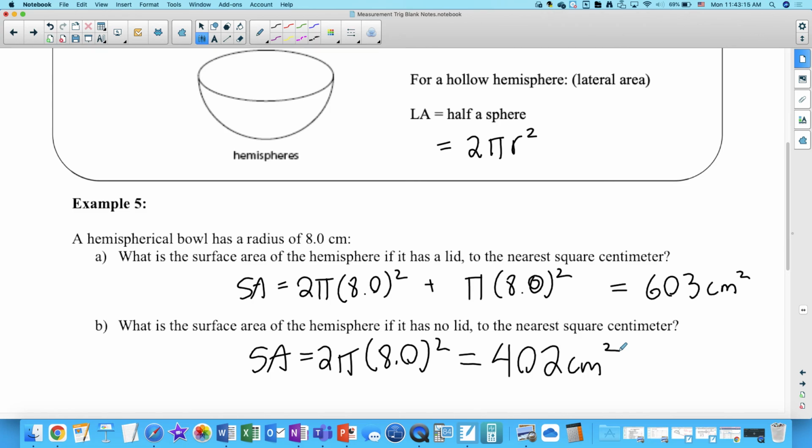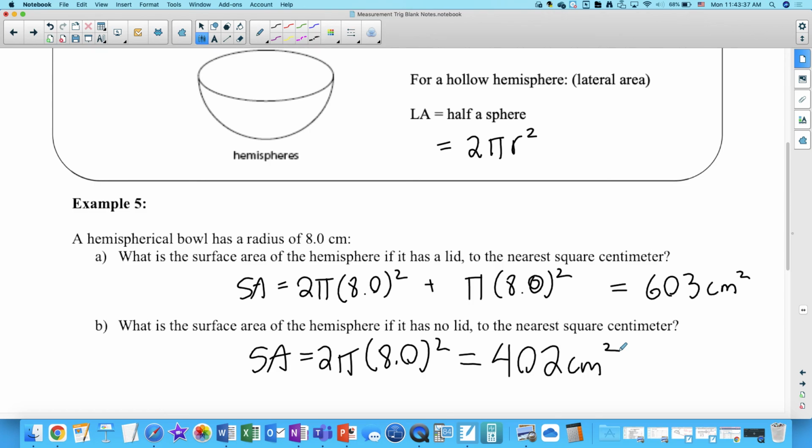If you're worried about the question being ambiguous around a sphere, you can just ask and I'll clarify. But just remember for this course, when we're looking at a hollow hemisphere, we're just considering the outside of the shape. Any questions so far?